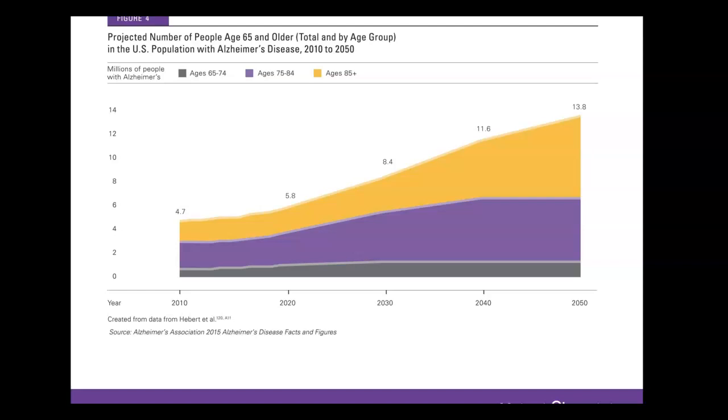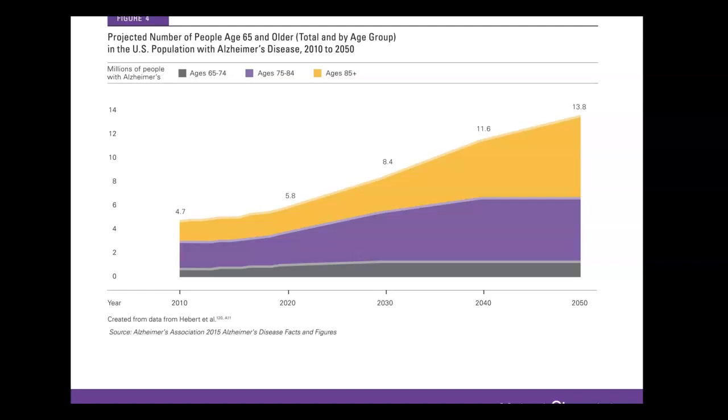This slide shows you the projected number of people age 65 and older in the U.S. population with Alzheimer's disease, and this is from 2010 and projected into 2050. And as you see, the gray area depicts the millions of people who have Alzheimer's between age 65 and 74.